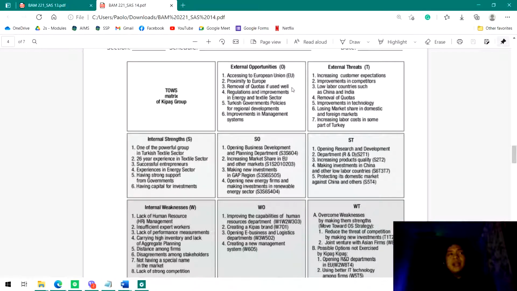So, ibig sabihin, ngayon, wala nang quota. Kasi 'di ba ang quota kasi guys, you have to meet specific quotas in order for you to consider na tapos na yung trabaho mo.